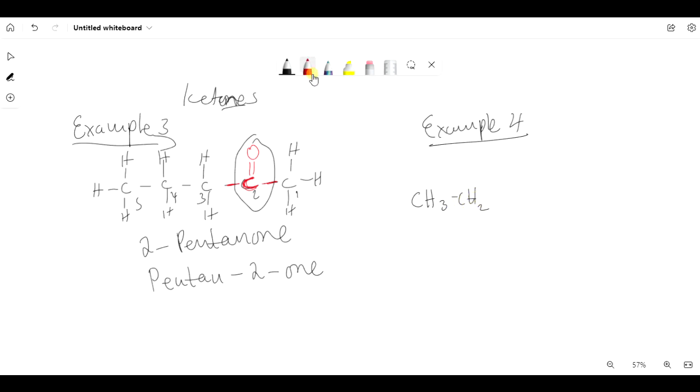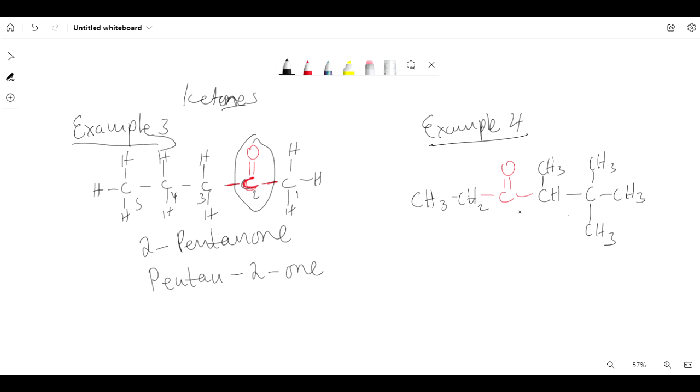Okay, let's have our carbonyl here, and then let's have a branch there, another one here in the CH3, then another branch here. So now what will be the name of this?